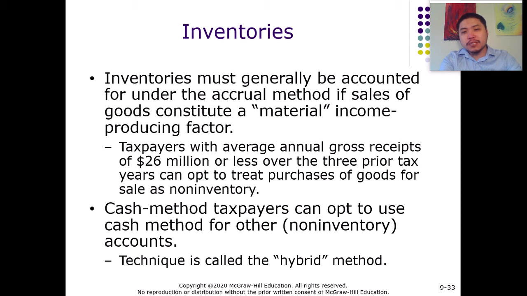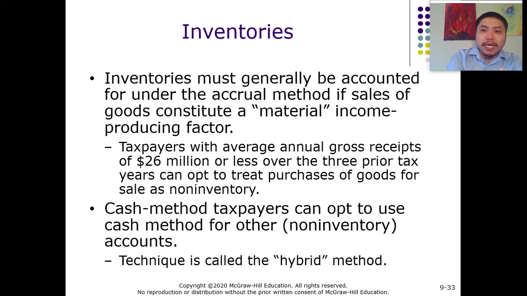But for bigger businesses, the government, Congress, and the IRS don't allow businesses to do such a thing. So for those businesses, they have to follow the accrual method. They have to treat the purchases of inventories as part of assets.